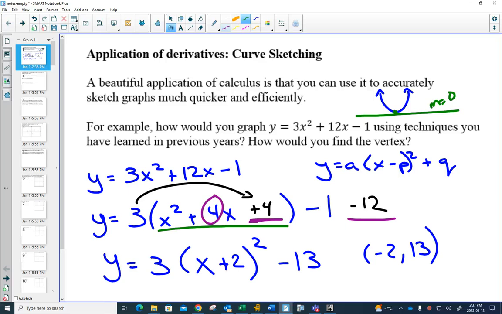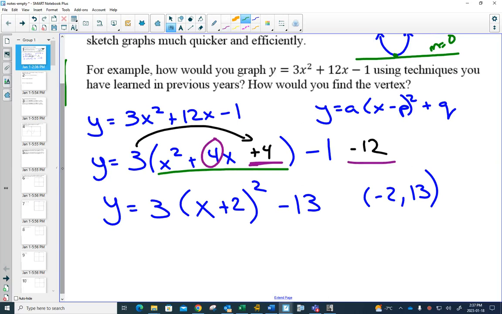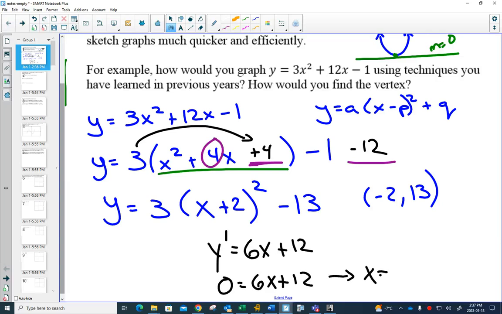Because how hard is it to find the derivative of our function? Super simple. Would you agree that y prime would be 6x plus 12? And if the slope is 0, meaning you could plug in 0 for the slope, how hard would it be to figure out that the x value has to be -2?